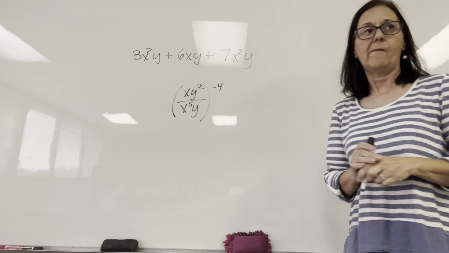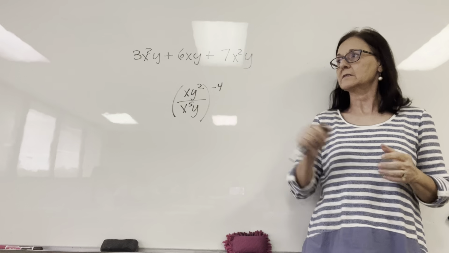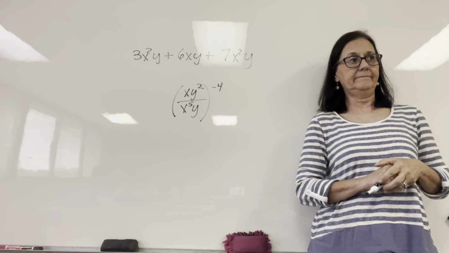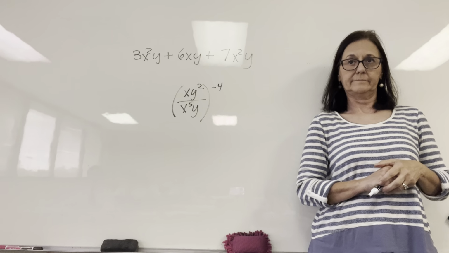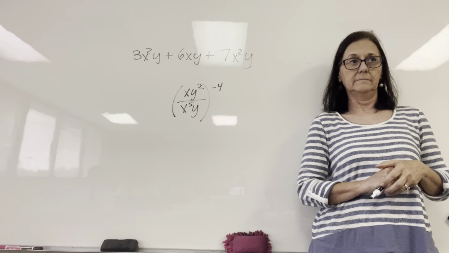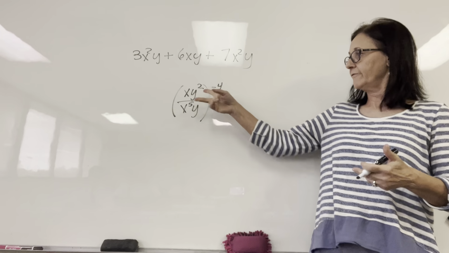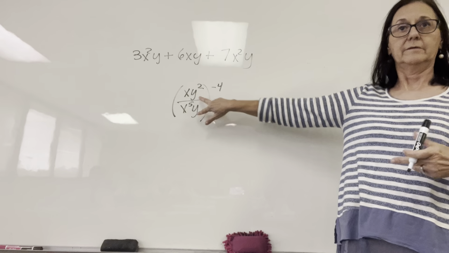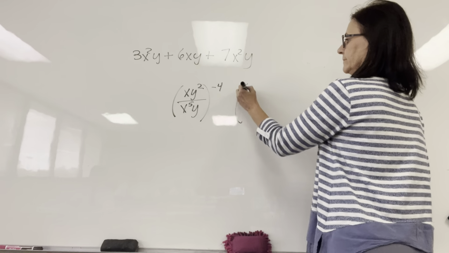What would I do here? How can I make this exponent positive? I flip the fraction inside.